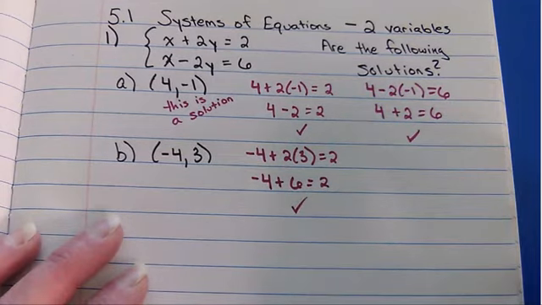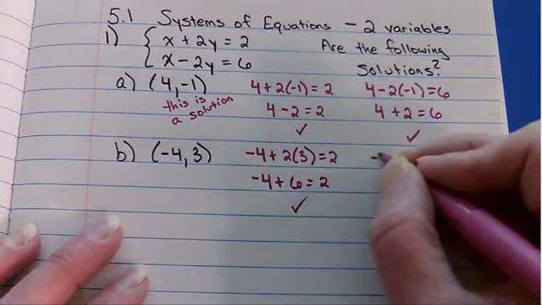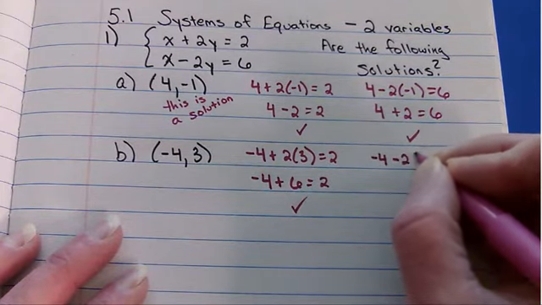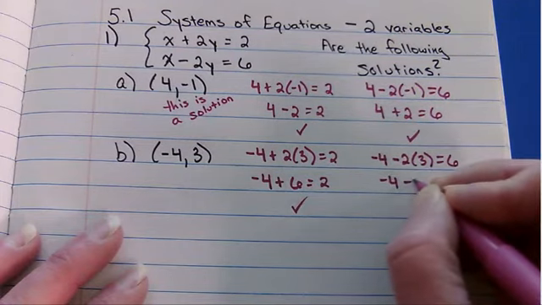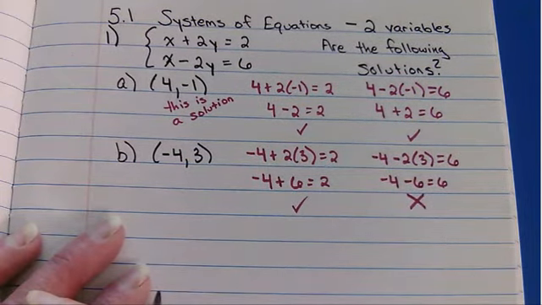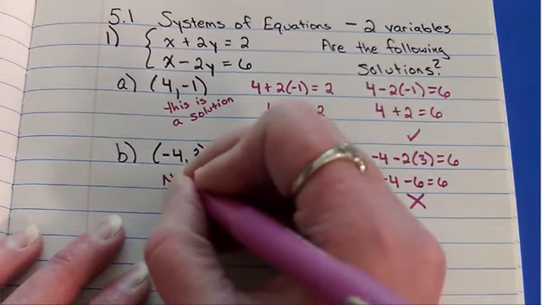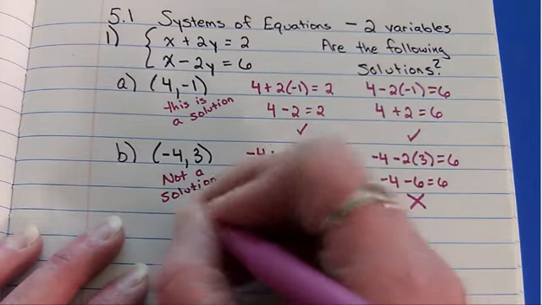It works in that equation. On the other one, x minus 2 times y, and it doesn't work in the second one. So this is not a solution to the system.